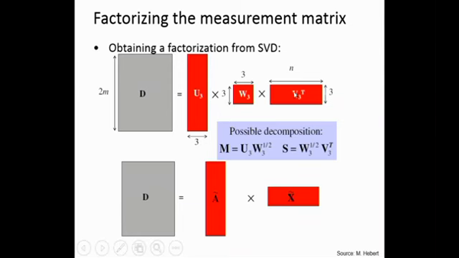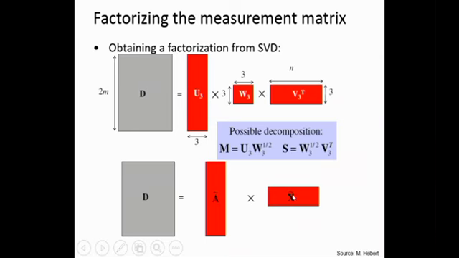Then pre-multiply V transpose by W to the 1/2. That gives me some initial estimate of my affine matrix, which is my motion, and my 3D point matrix, which is my structure.